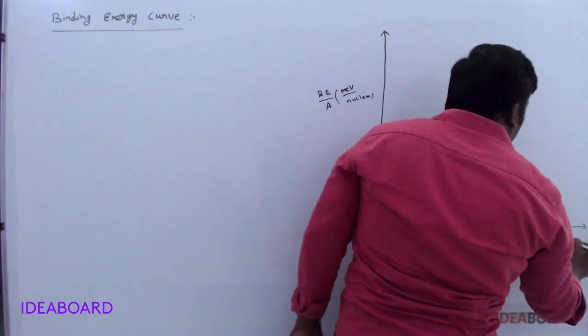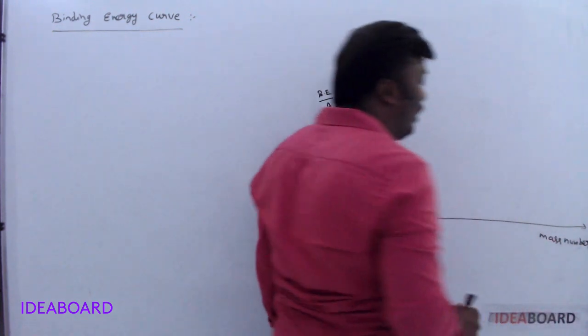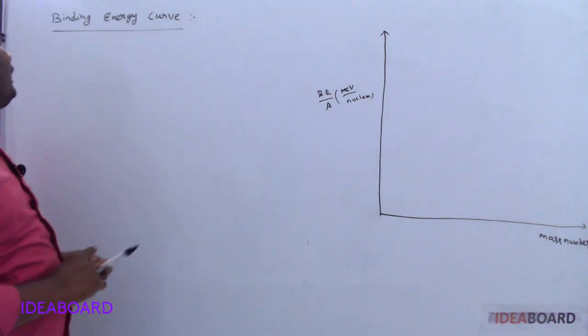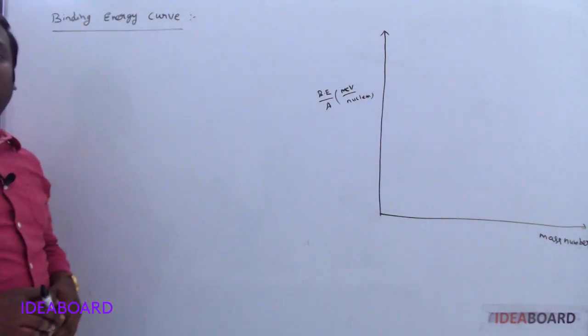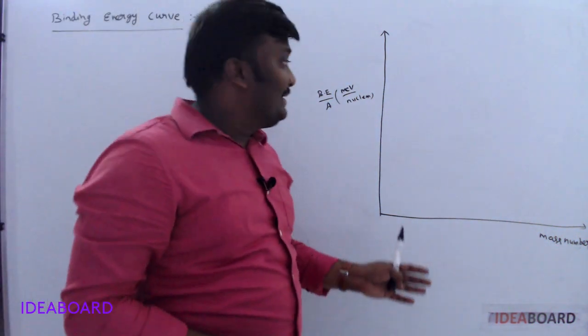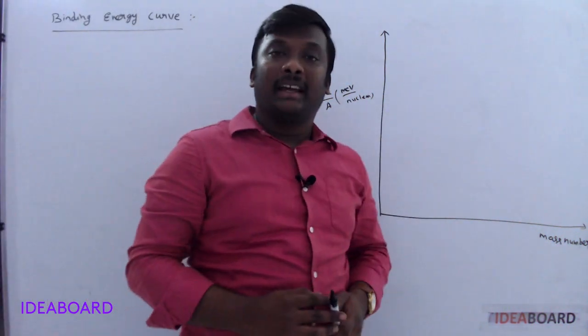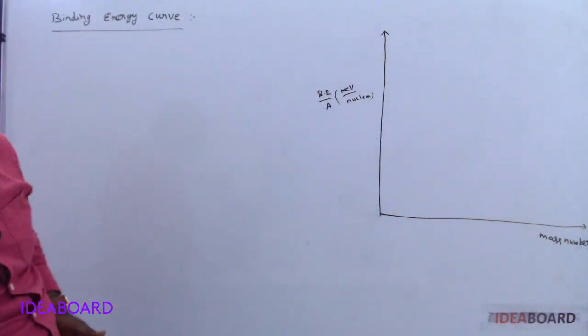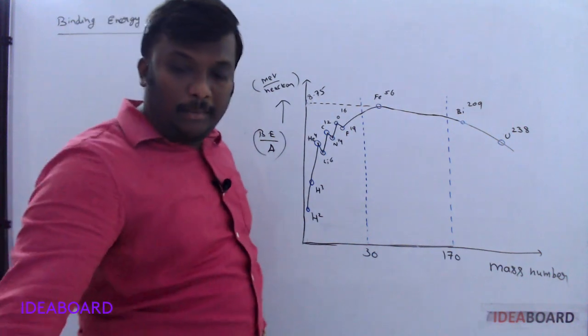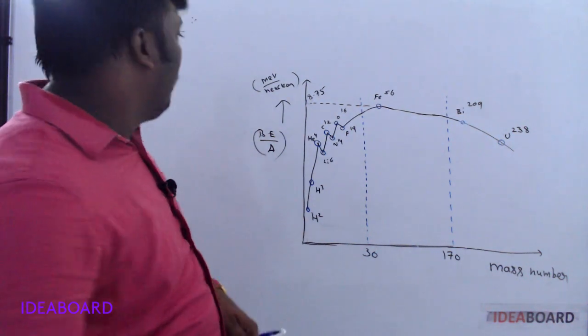So binding energy per nucleon is a function of mass number. Then that curve is represented as the binding energy curve. Let us see what is the shape of the binding energy curve.